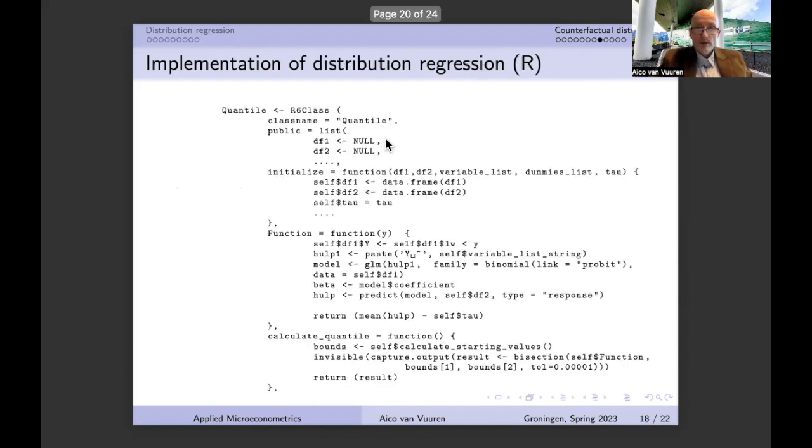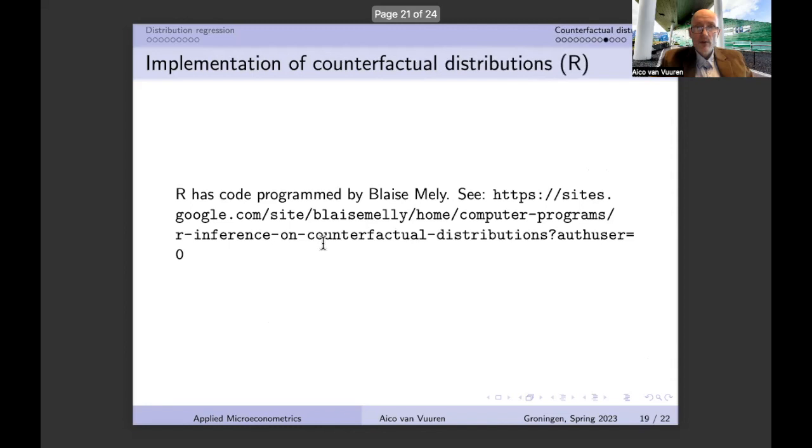Of course, I have done a nice job, I would say, by programming this in R. I'm myself a little bit more into Python, but I do like to program these kinds of things also in R. But there's also other code available in R, and that actually comes from Blaise Melly.